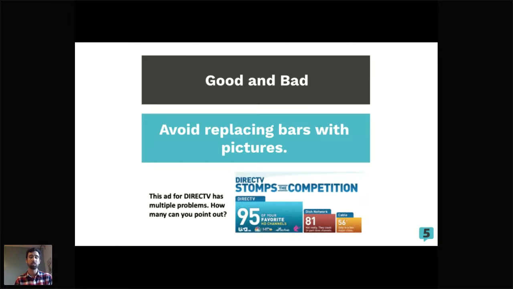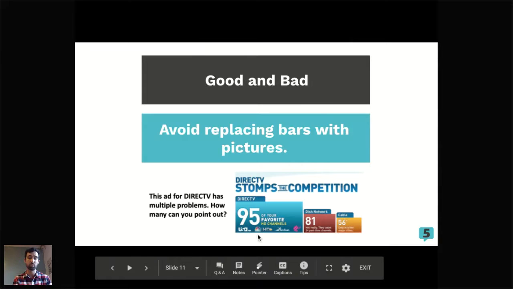It looks misleading. So this part right here looks like DirecTV is like way better than Dish Network or cable. But in reality, they only have about 14 more channels. But it looks like they have a lot more because see those bars, the bottom? See the width?